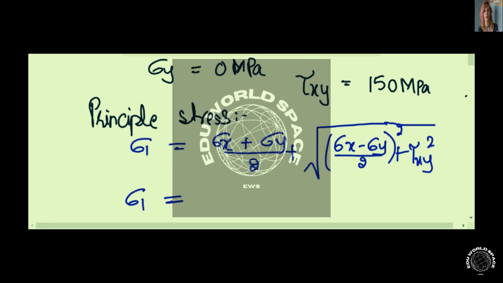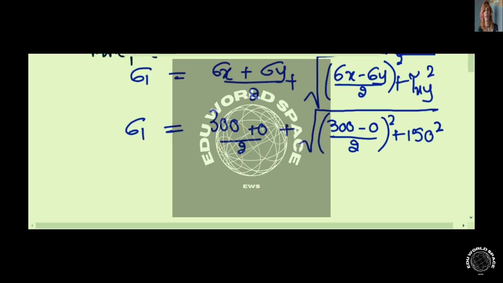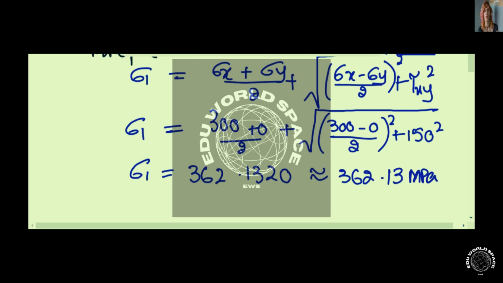So sigma sub 1 is equal to (300 plus 0) divided by 2 plus under root ((300 negative 0) divided by 2) whole square plus 150 whole square, right? So calculate it and you'll get that sigma sub 1 is equal to 362.1320, and that is approximately equal to 362.13 megapascals, right?